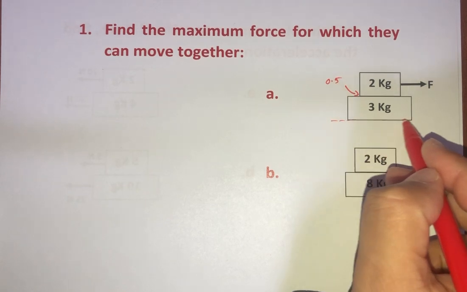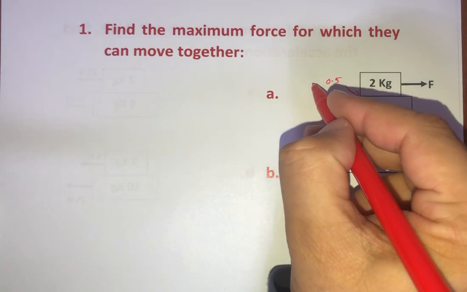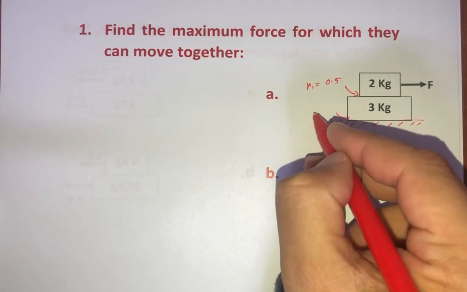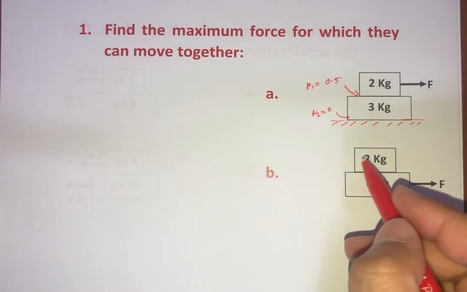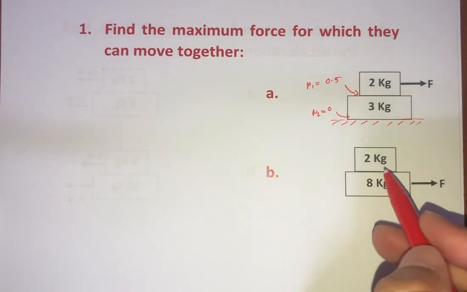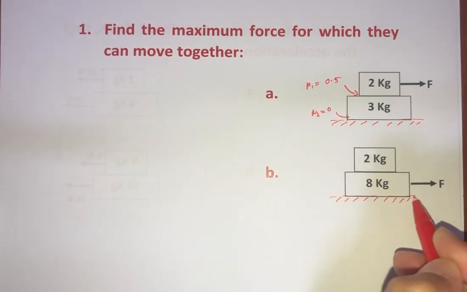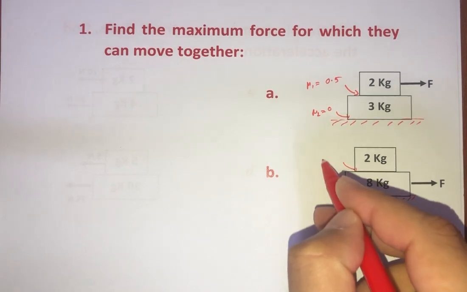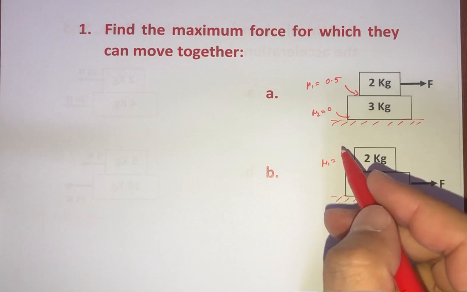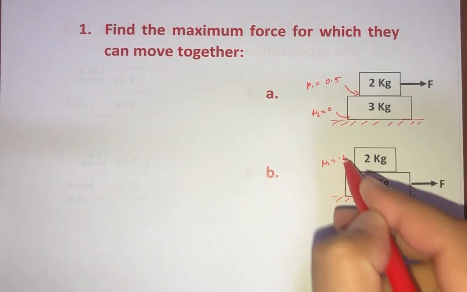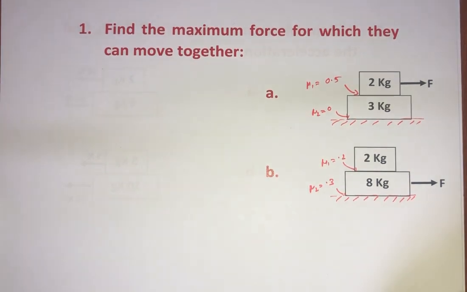And this is the surface. And here, let us call this mu1. And here the mu2 is given as 0. And in the second case, this is mu1 and its value is given as 0.2, and this is mu2 and its value is given as 0.3.